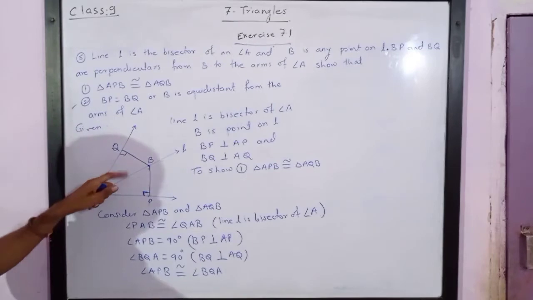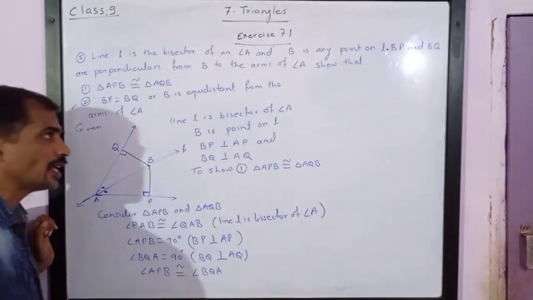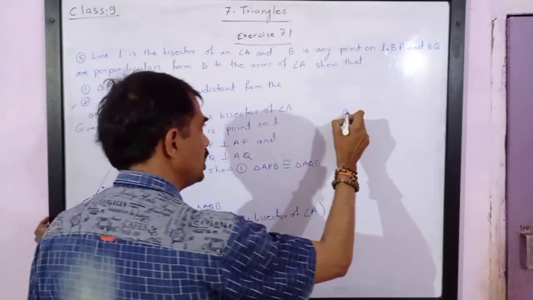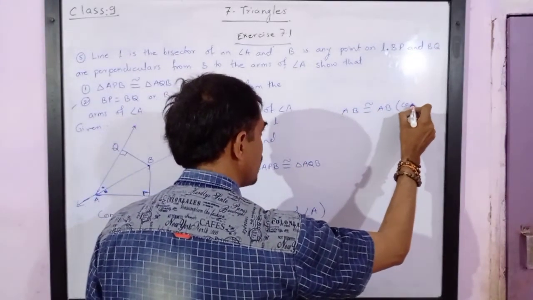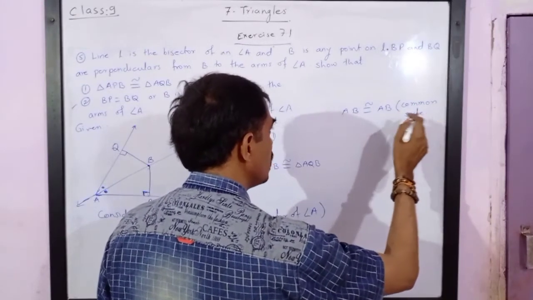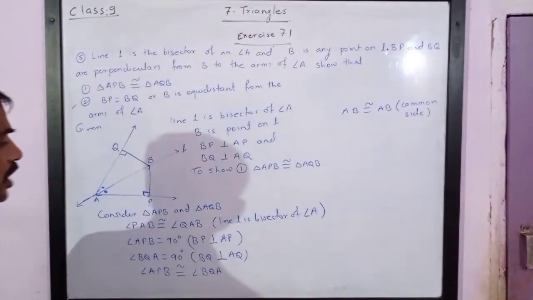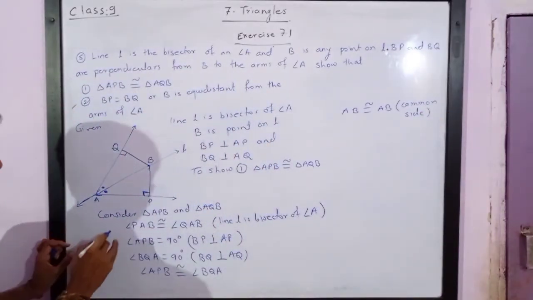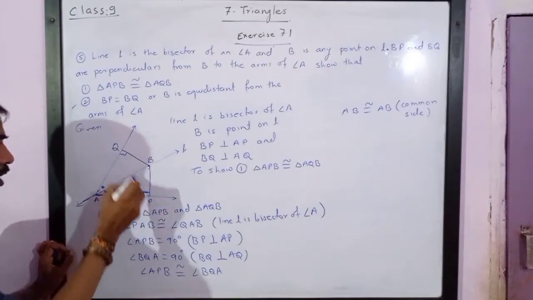Now in these two triangles you will notice AB is a common side. So I can say that AB is congruent to AB. Reason is common side, or you can say that every segment is congruent to itself. Now watch carefully. We have got two angles congruent. This angle is congruent to this angle, and this angle is congruent to this angle.